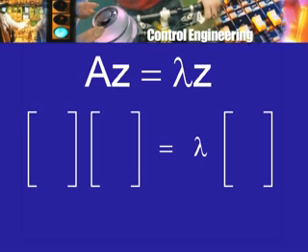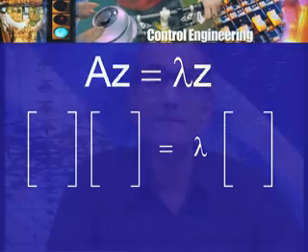Lambda is said to be an eigenvalue of A, Z is said to be an eigenvector of A, and remember that the eigenvalue and eigenvector go together. That is, you cannot really think of an eigenvalue usually without also thinking of what is the eigenvector that goes with it, or an eigenvector without thinking of what is the eigenvalue that goes with it. So, it is better always to think of them in pairs. Such pairs are known as eigenvalue eigenvector pairs.